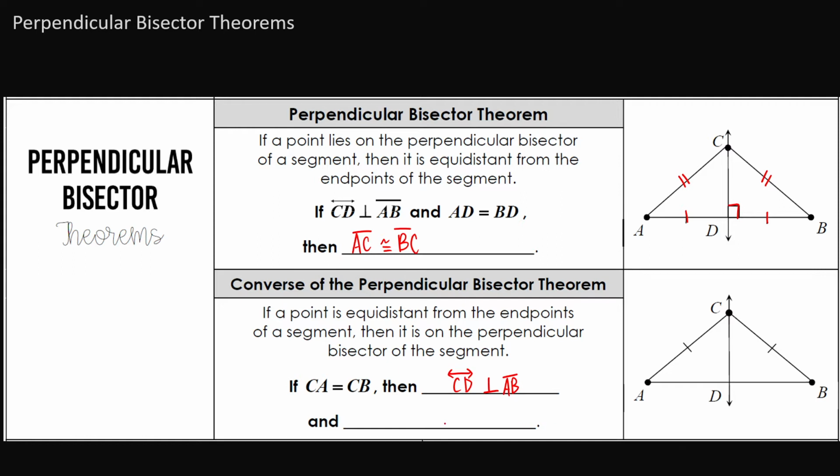And we know that segment AD is congruent to segment DB. So let me just label that here. We said that if CA is congruent to CB, we know that CD is perpendicular to AB, and we know that segment AD is congruent to segment DB. So it's pretty much saying the same thing backwards. All we needed to know for this one is that we've created a perpendicular bisector. These segments are now congruent to each other.